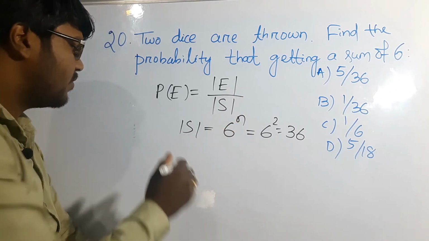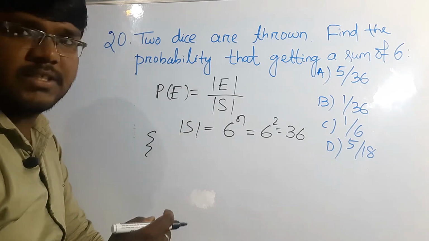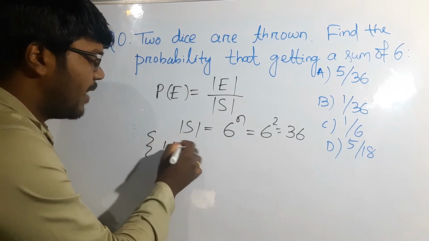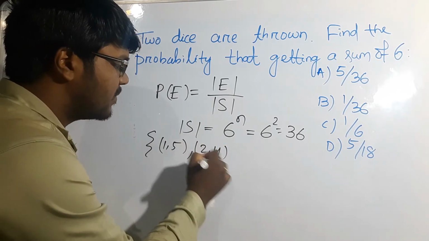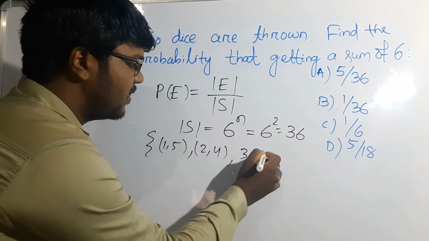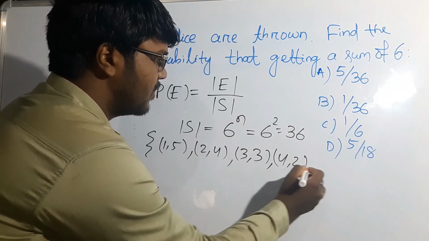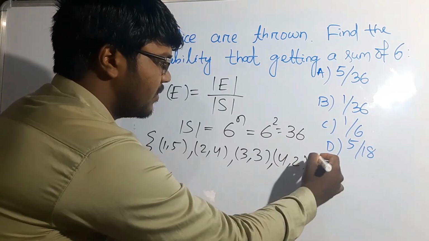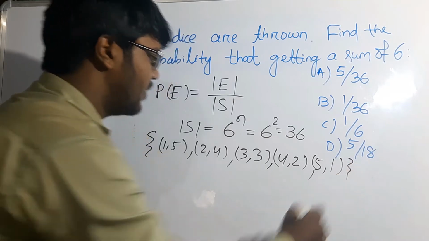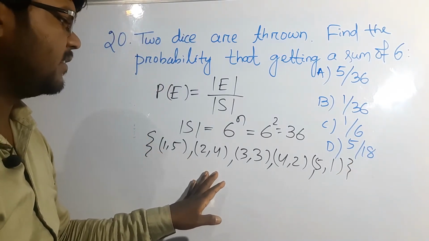When dice are rolled, what will be the outcomes whose sum is 6? 1 5 gives 6, 2 4 gives 6, 3 3 gives 6, then 4 2 also gives 6, then 5 1. All these give 6 as the sum of the 2 dice.